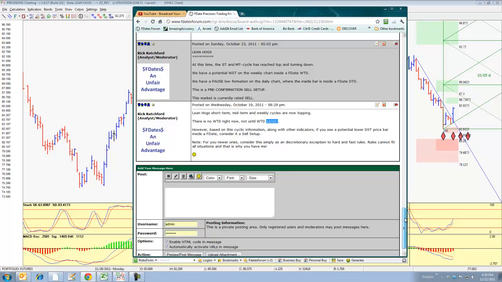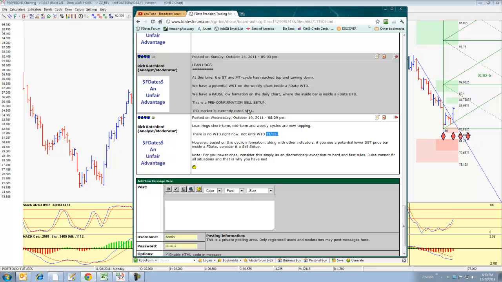Okay, and you'll notice here, just a couple of days later, that I post again and I said we have a sell setup. This market is a sell. Notice the dates, October 19th and 23rd here, and that I'm warning about selling down into week ending 11/11.